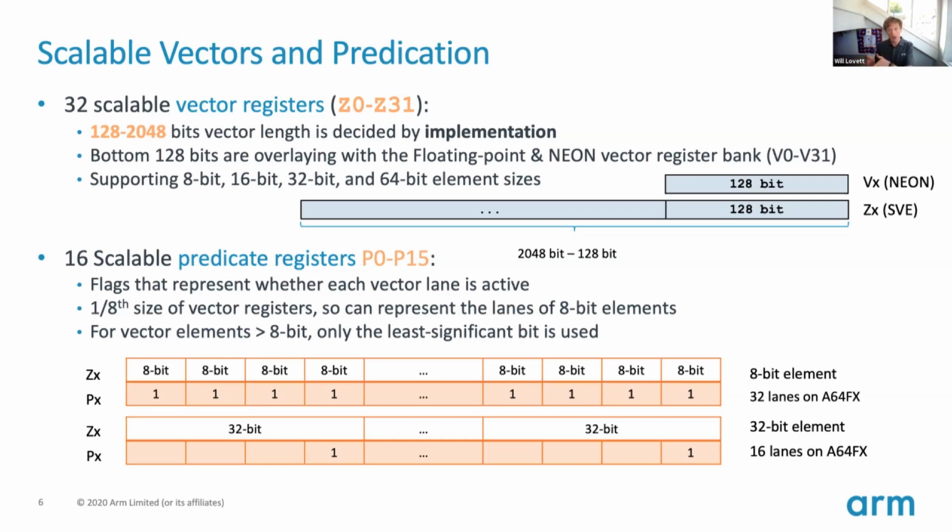So it could go from 8-bit up to 64 bits. And all but one of the bits in the predicate register, for a given lane, will be ignored. So the predicate register represents a binary flag that describes whether this lane is active or not right now. And you can do comparisons to set them and so on. So those are the two new register types we have.